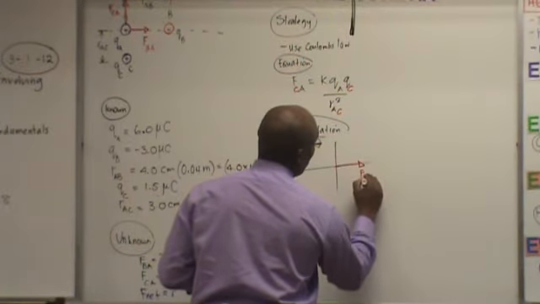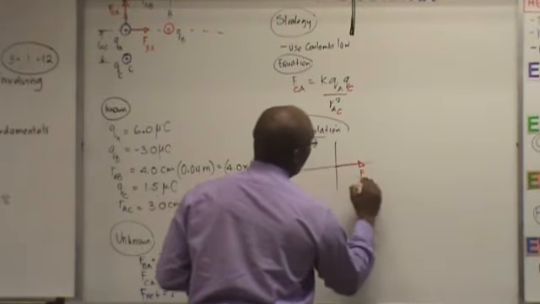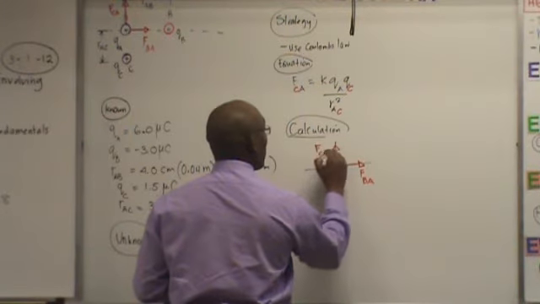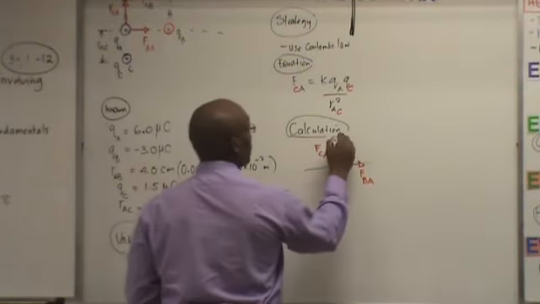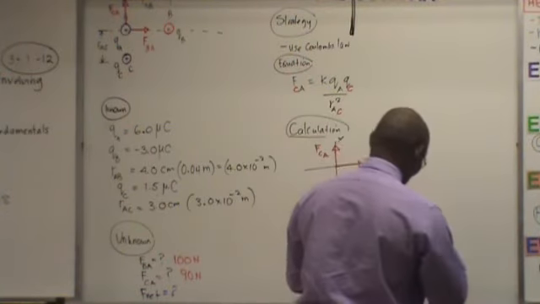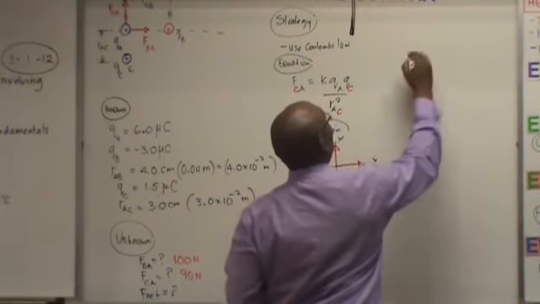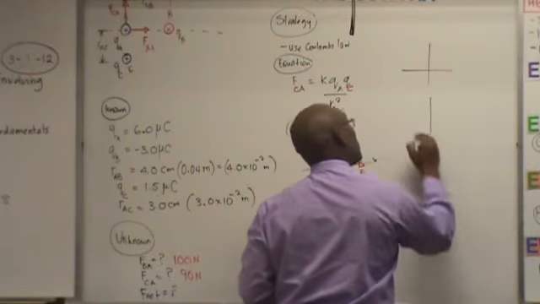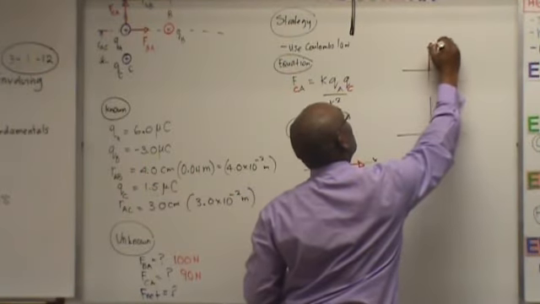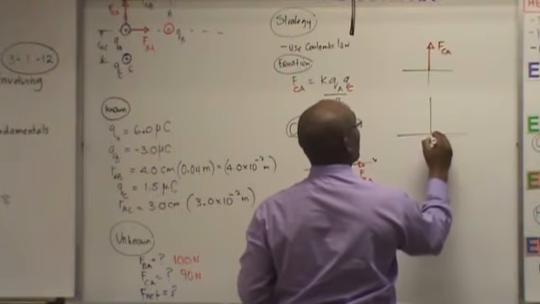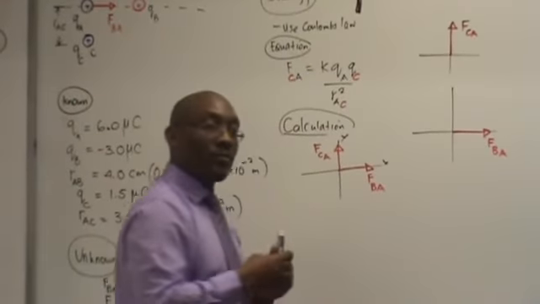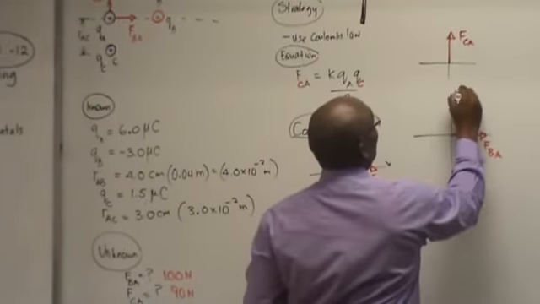This is F of B on A, F of C on A. Y, x. And if you recall how to proceed, this is for F of C on A, F of B on A. Is it coming back yet?